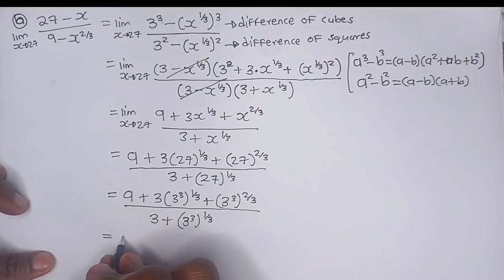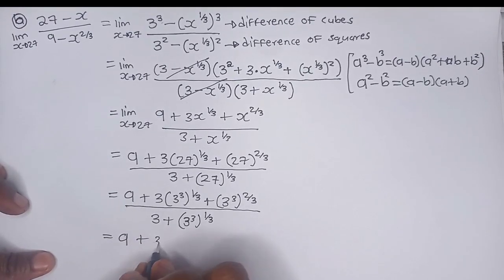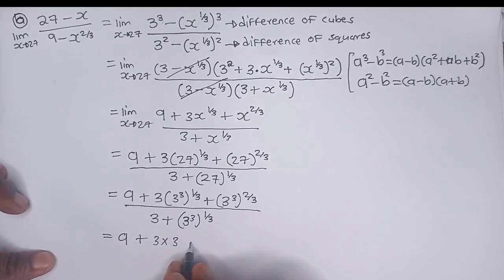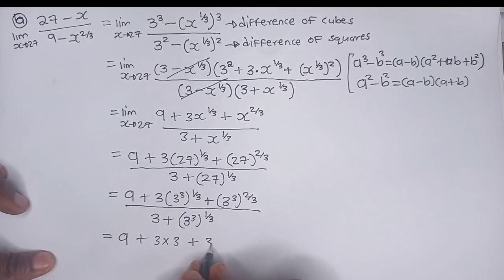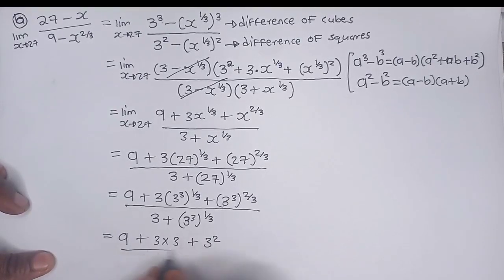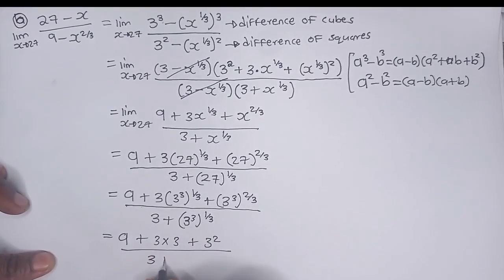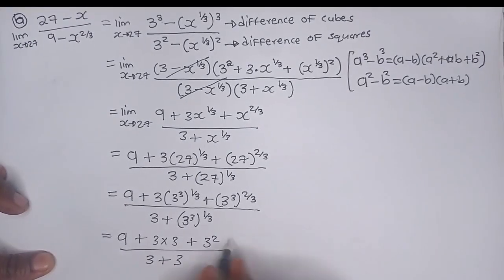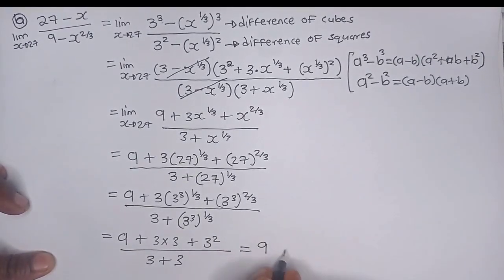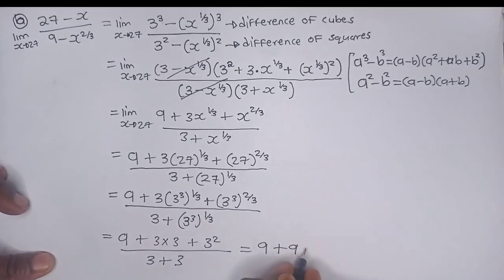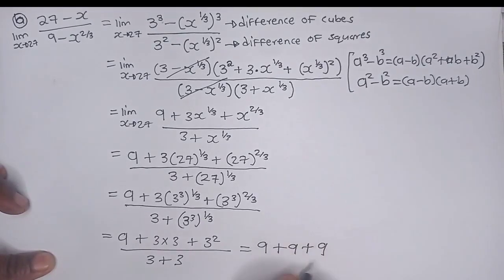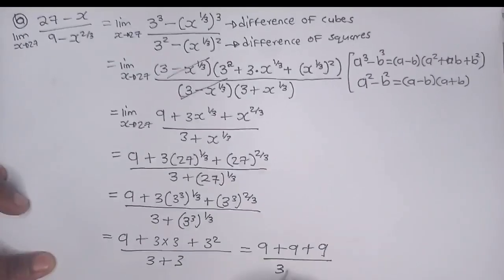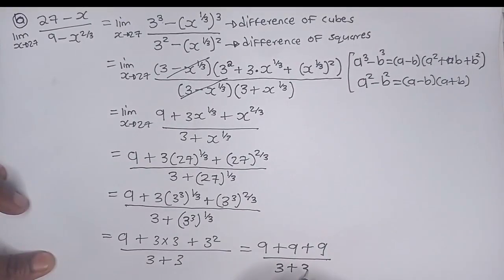So I'm left with 9 plus 3 times 3 plus 3 squared divided by 3 plus 3. And this is nothing but 9 plus 9 plus 9, which is 3 times 9, then divided by 3 plus 3.